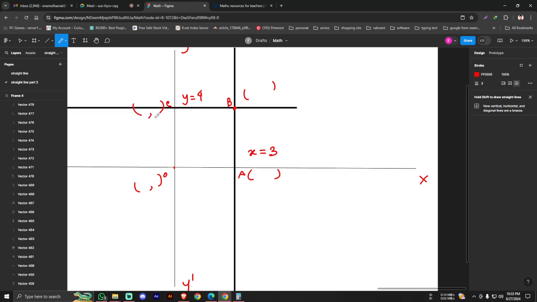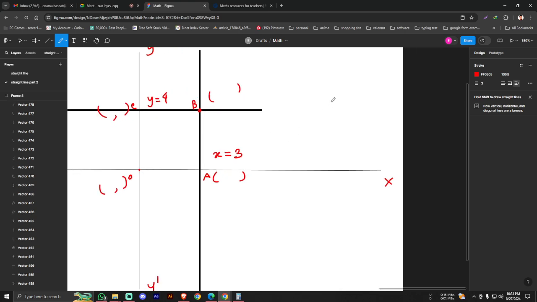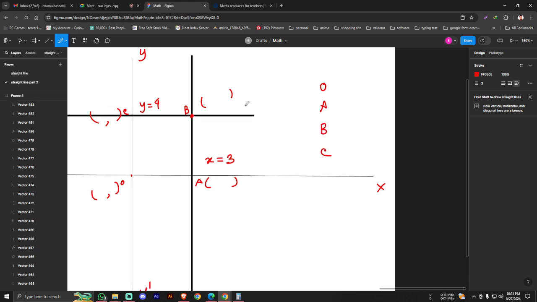That means how many points are there? 4 points, right? O, A, B, C. There are 4 points or 4 coordinates, right? Do you see the coordinates in the graph? Yes, I do. Okay, the question is to find the coordinates of each of these points, and of course find the distances also.